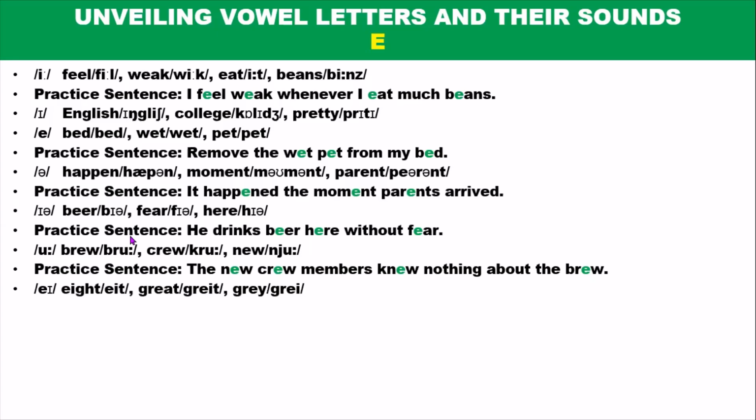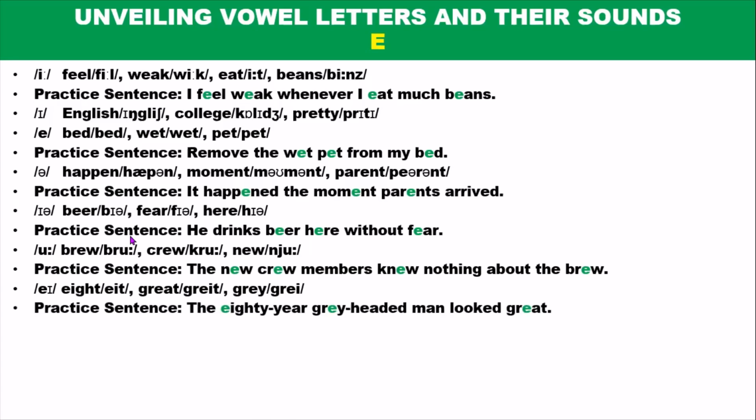The next sound is the long A, represented also by the vowel letter E. We have the sound A as in eight, great, and gray. Let's take a practice sentence. Listen, watch, and repeat after me.